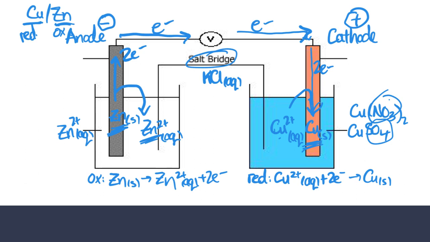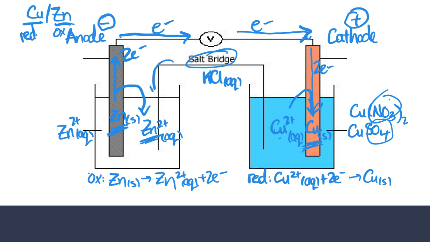So we're just going to pick salt, any salt really, it doesn't really matter. And we need to show the flow of ions to both sides. And essentially what this is doing is making up for the imbalance in charges in order to create something balanced so that the electrons will continue to flow. If we look on the oxidation side, we're depositing zinc 2 plus ions in there.